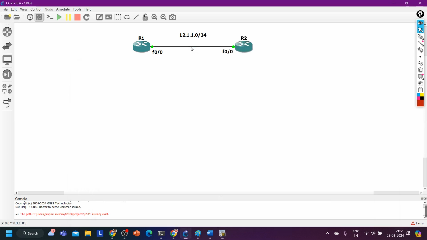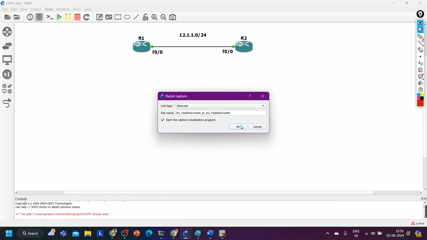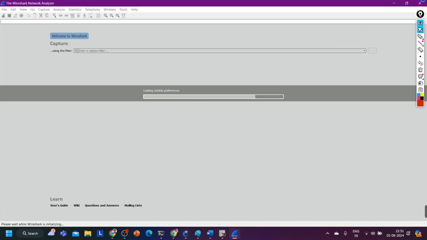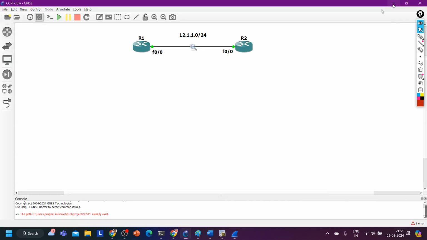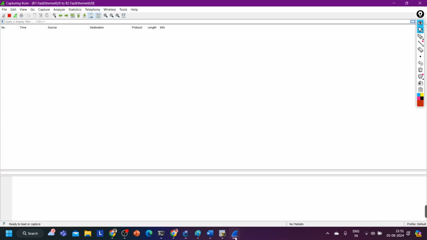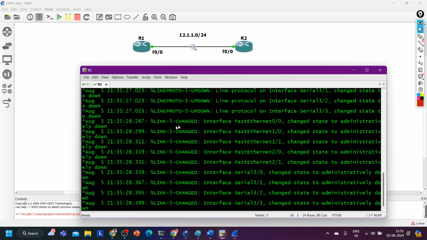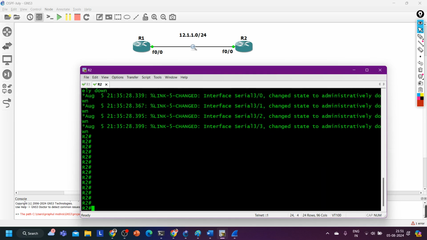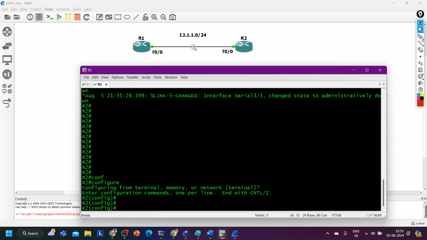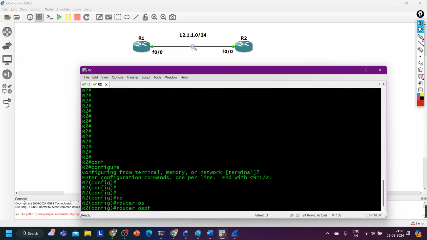Before that, let me do one thing. Let me capture this link also. Done. Now R2. Config t, and see, on this router I am going to create one loopback interface.